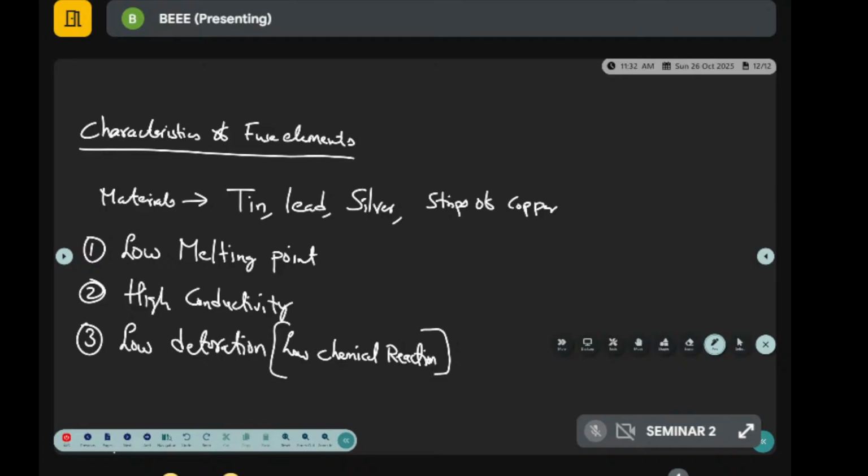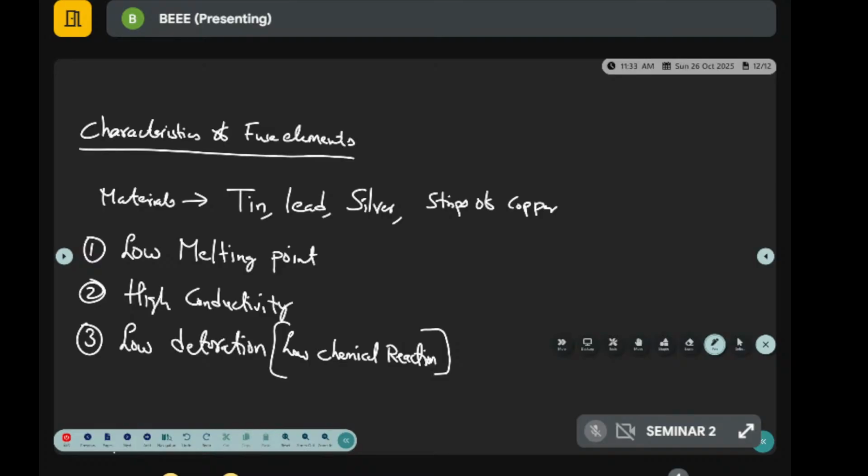If you keep iron at one place, what happens in rainy days? Iron got rusted. It is reacting with the water and getting damaged.